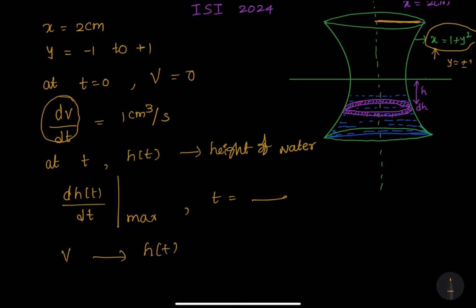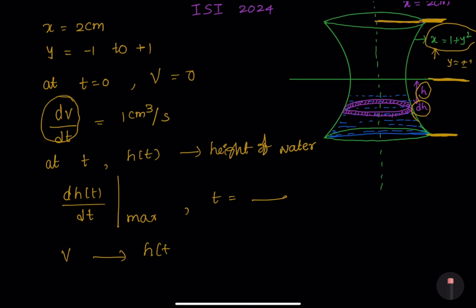Alright, so to do that, I have considered, so this blue thing is your water and you have a disk here. dh is the thickness of the disk and h is the height of water. When h equals 0, your water will be till this portion, till your x-axis. When h equals -1, it is empty, and when h equals 1, the container is full.